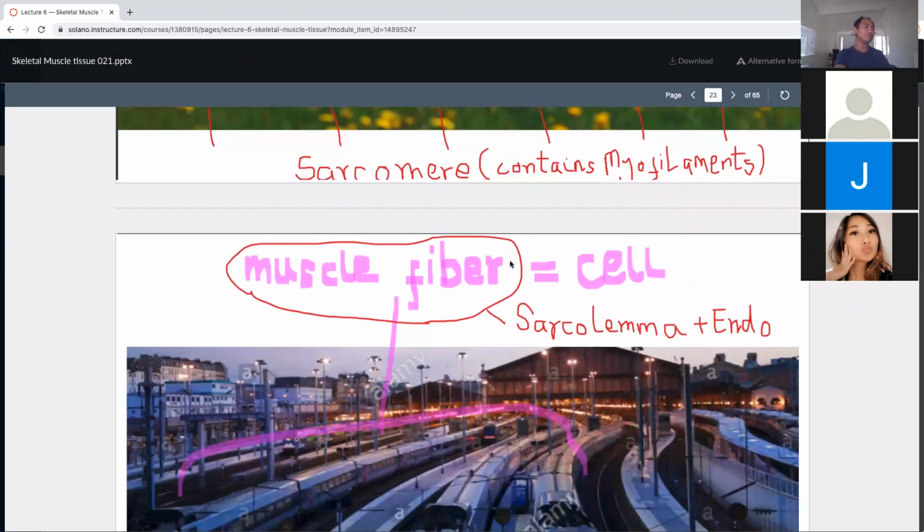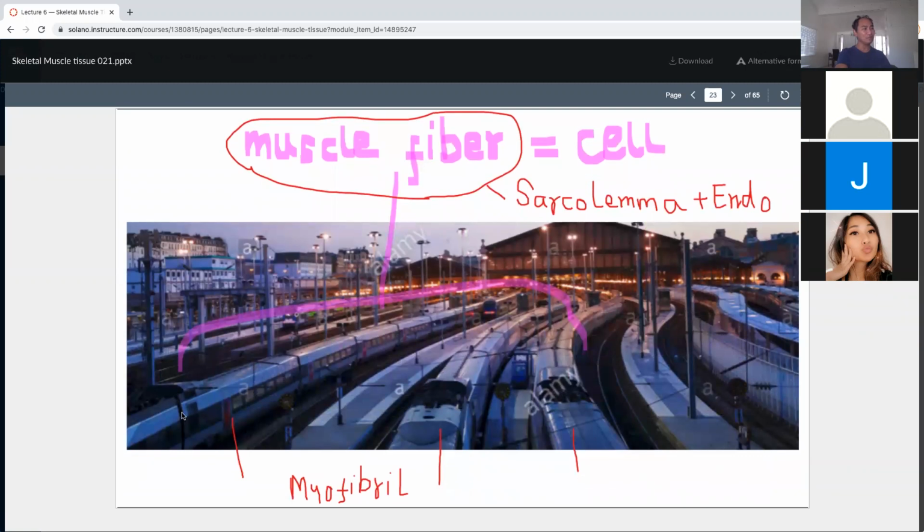And if we arrange myofibrils, one myofibril, another myofibril, another, and collect all the myofibrils together and wrap them with the sarcolemma and the sarcoplasmic reticulum, then it will become a muscle fiber. That muscle fiber is equivalent to a cell.